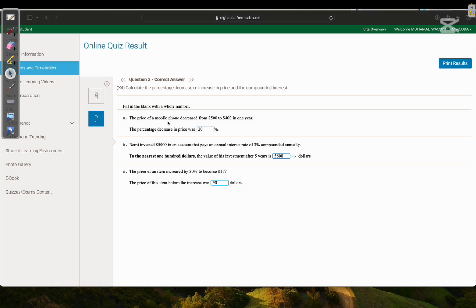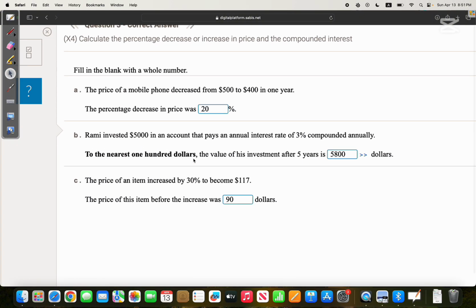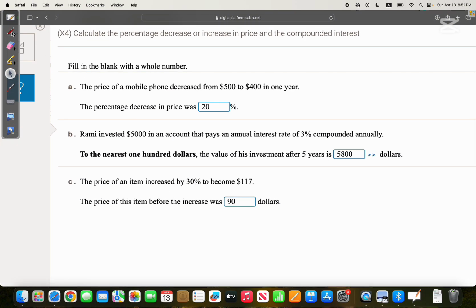Rami invested $5,000 in an account that pays an annual interest rate of 3% compounded annually.